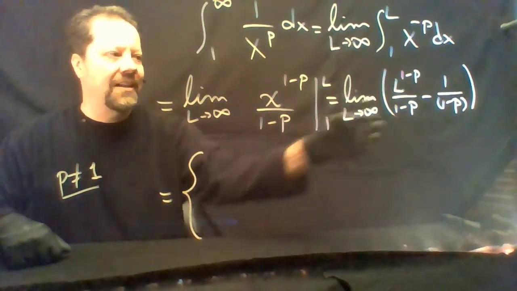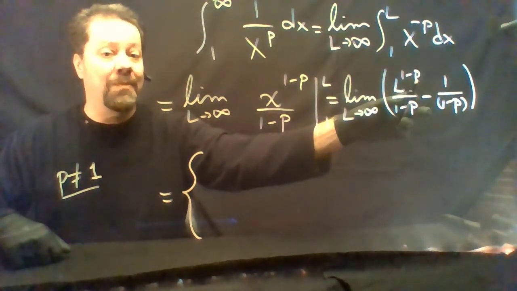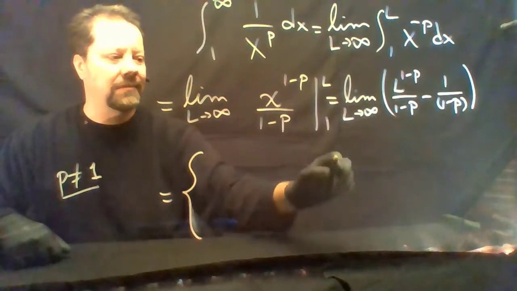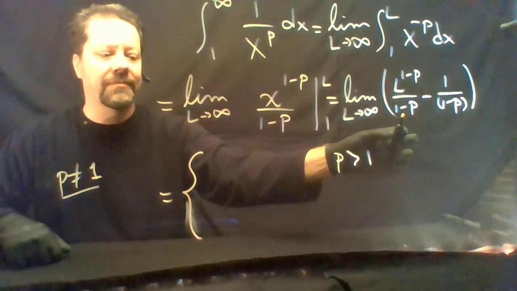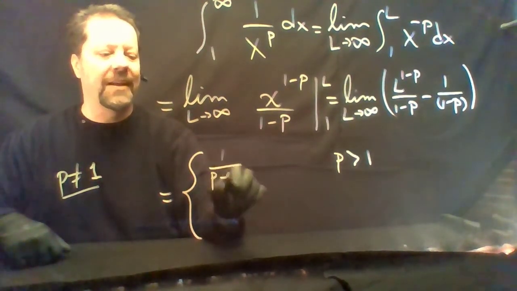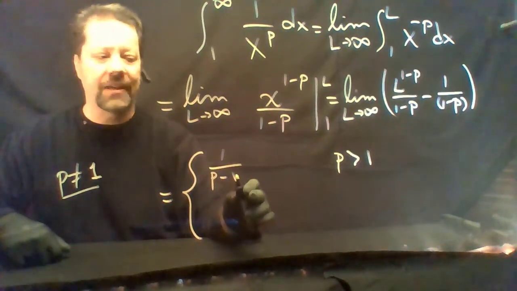You can see that as L goes to infinity, if p is bigger than 1, this first term goes to 0. And you end up with 1 over p minus 1. We'll distribute the negative through here and reverse the order of the subtraction.